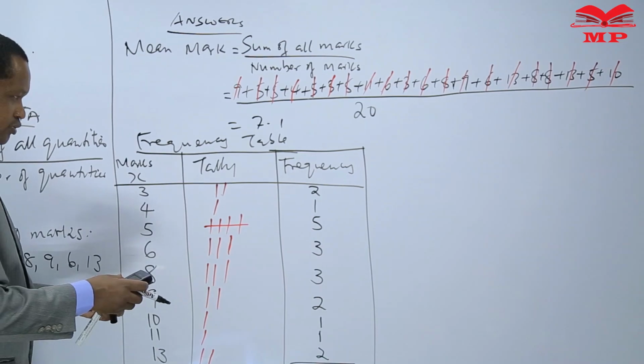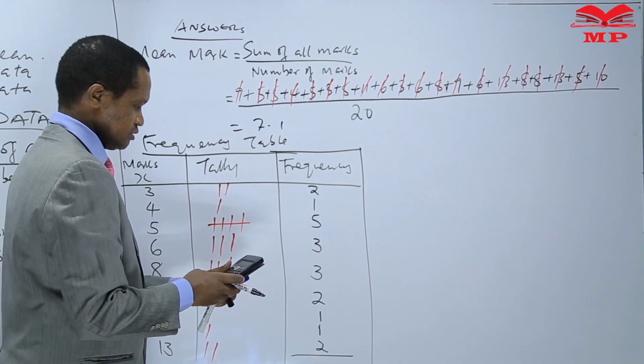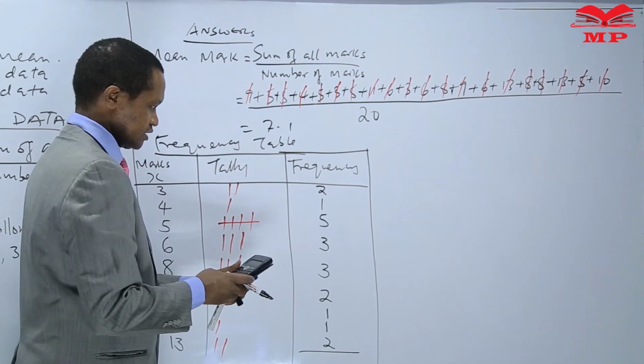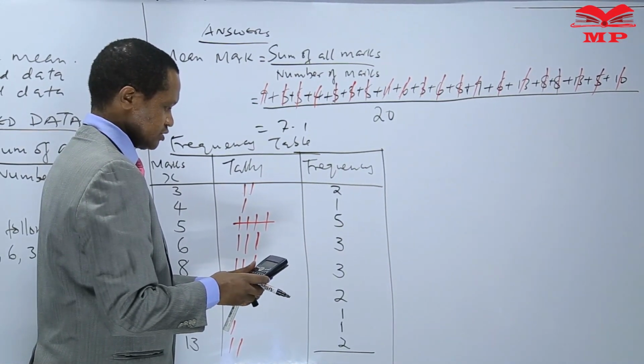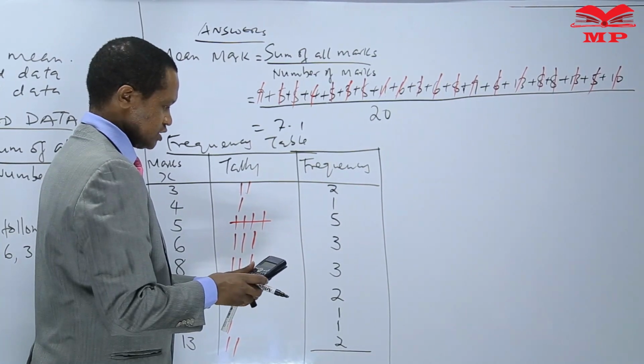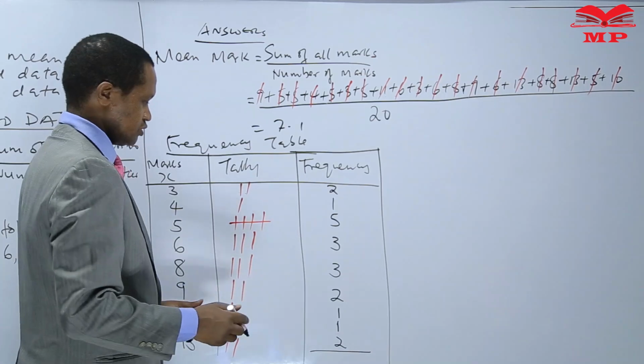Total will be 2 plus 1 plus 5 plus 3 plus 3 plus 2 plus 1 plus 1 plus 2 is equal to 20.